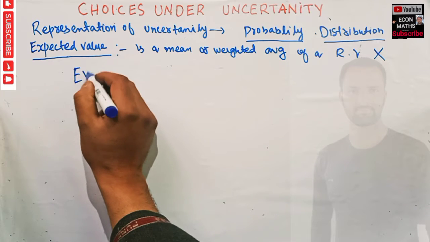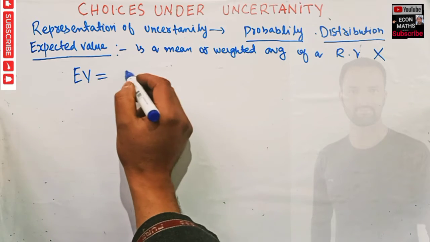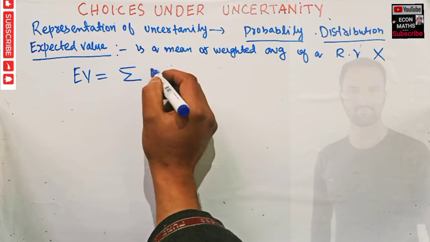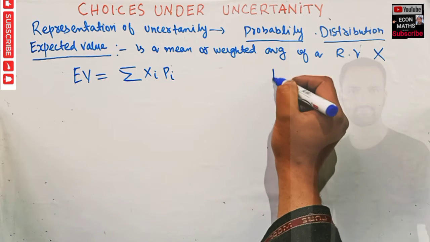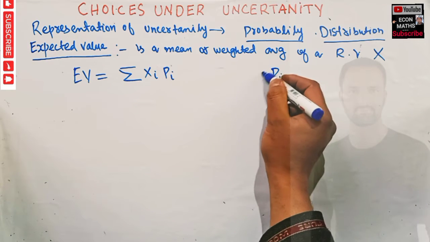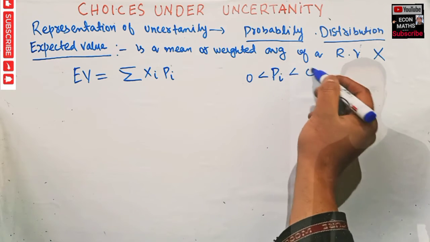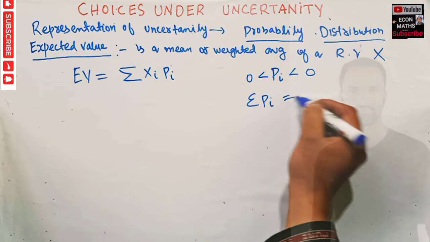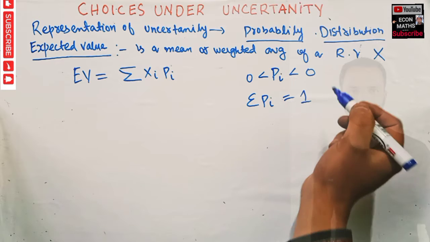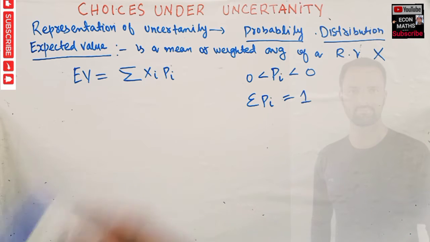Expected value is denoted by the summation of xi pi, and this pi, that is the probability, lies between 0 and 1, and the summation of the probabilities is equal to 1, and this is xi.